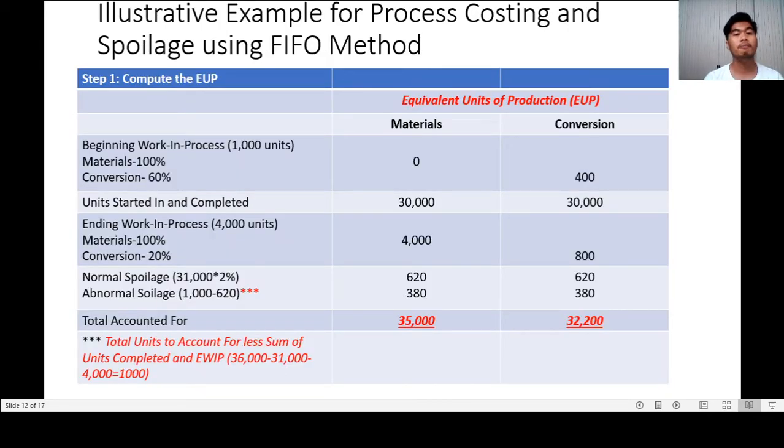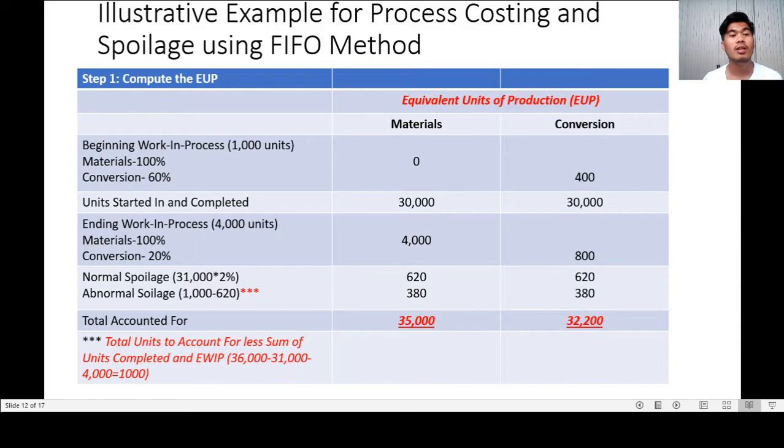So let's go to the FIFO method. For the FIFO method, to compute the EUP, the equivalent units of production, we said our beginning work in process is 1,000 units. We said that the materials is already added at the beginning of the production. So for materials, in computing the EUP, it is zero. You no longer do anything there because it is already complete, it was already included in production. But our conversion is only 60%. So the beginning conversion is 60.